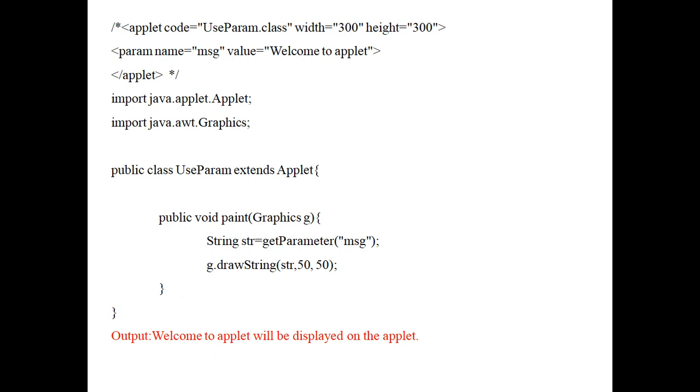So g.drawString(str, 50, 50). str contains the value welcome to applet. So at the position 50, 50 on the screen, the string welcome to applet will be printed. So welcome to applet will be displayed on the applet. So this is how you pass parameters to an applet.